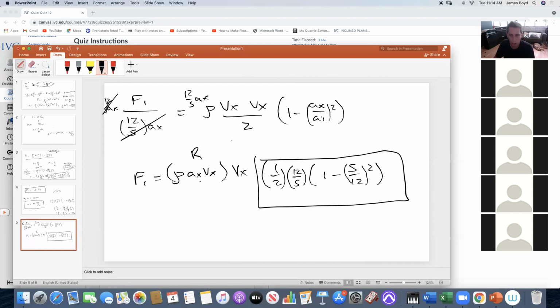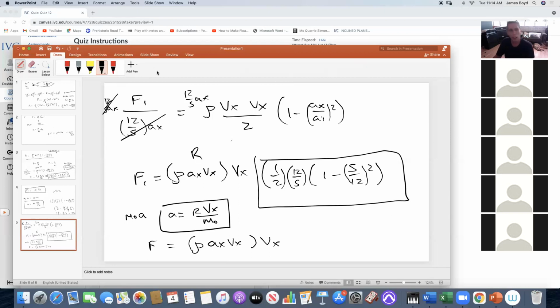And this term is your R. Does that make sense, Lucas? Yes, it does. Okay. So that gives you that F, your thrust, is rho AX VX times VX, but because the thrust is actually M naught A, A is equal to R VX over M naught.